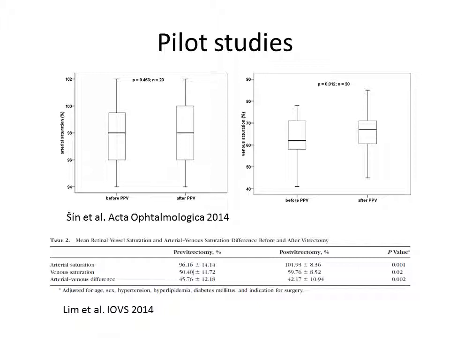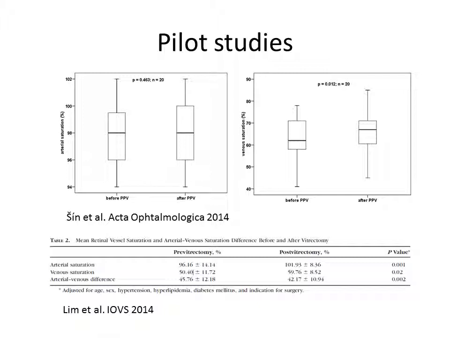In 2014 two pilot studies were published which showed that there are significant changes. The first was my study, and we described the increase of oxygen tension in the veins after vitrectomy, roughly 3%, statistically significant, and the very same result was published by a group of Lim and collaborators, where they found not only the increase of vein saturation but also arterial saturation.